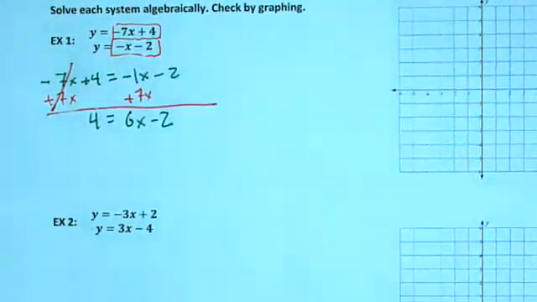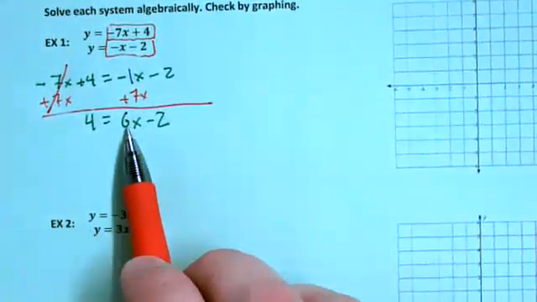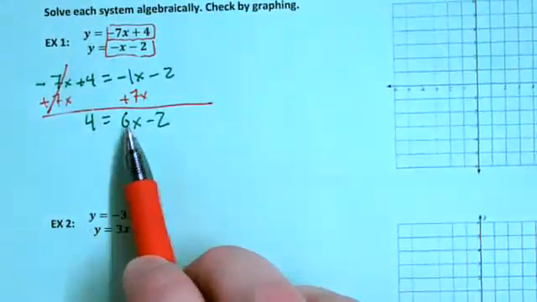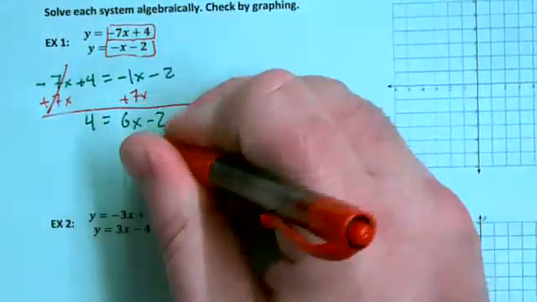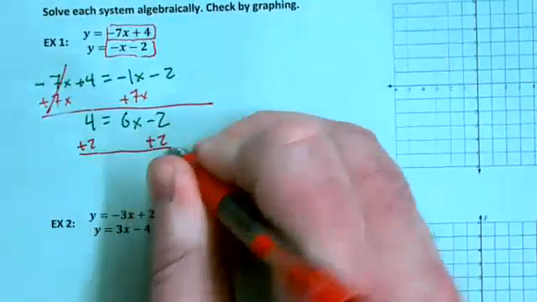Now that we have x in just one place, we can work to get that x by itself. I'll save the division for last because I don't want to deal with fractions just yet. Let's do plus 2 on both sides. Get rid of that minus 2.